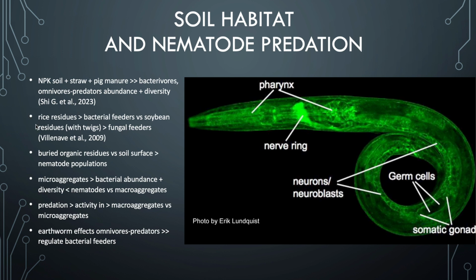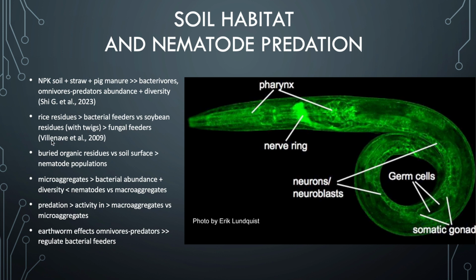Another study showed that when rice residues were added to the soil, this increased bacterial feeders. However, when soybean residues were added, which contained twigs, this enhanced fungal feeders because there was more food now available for fungi to feed on, so that affected the fungal to bacterial biomass ratio in the soil, and therefore the nematodes that were able to predate on these different microbes.